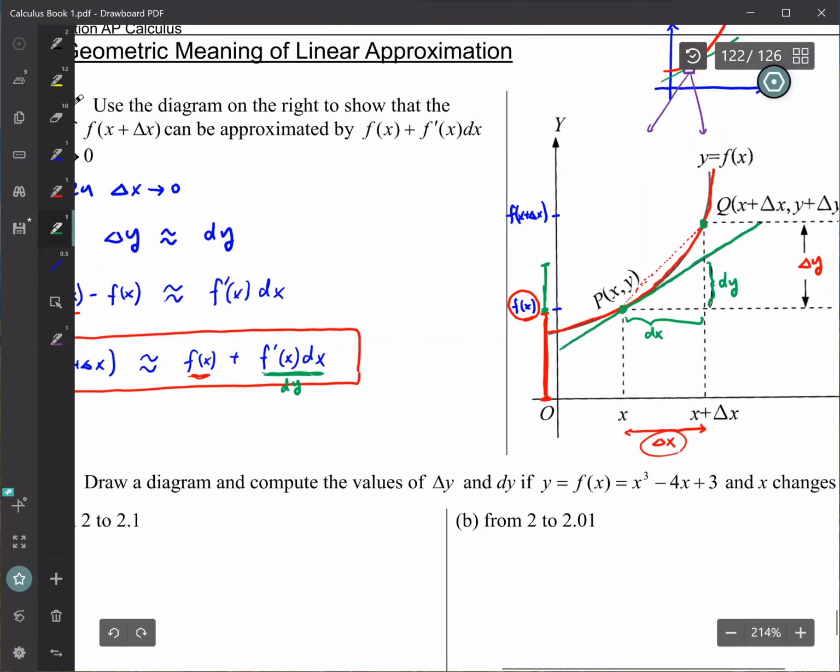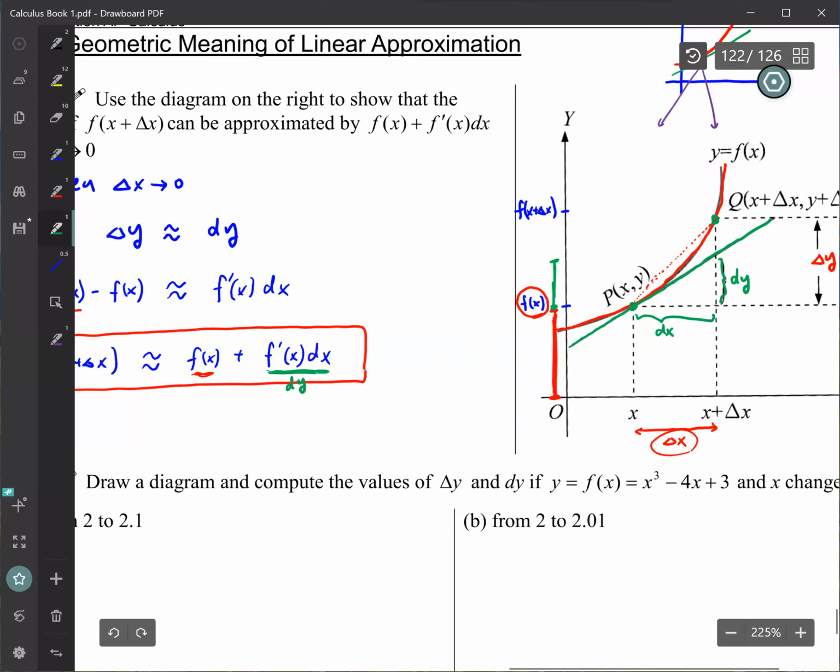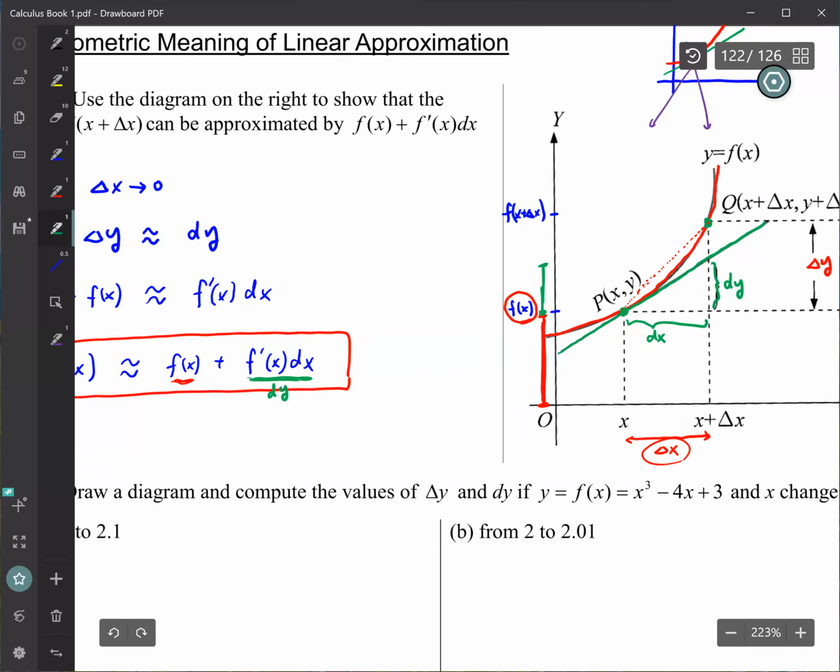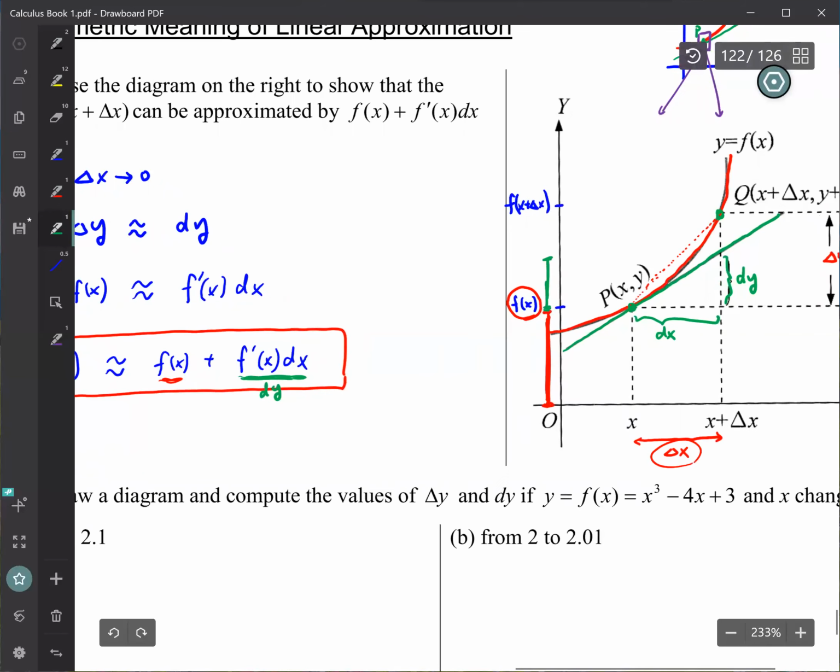Okay. So now I'm just trying to show you the idea differently. Hopefully I don't confuse you more. So the f of x is talking about the height from 0, right? f of x means the y. So the y from 0 to point P, it's this part.